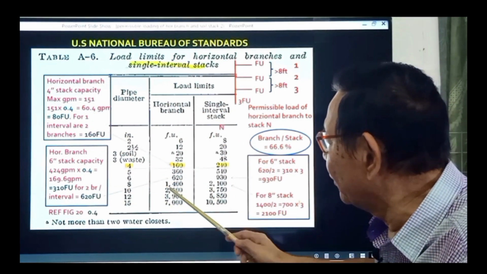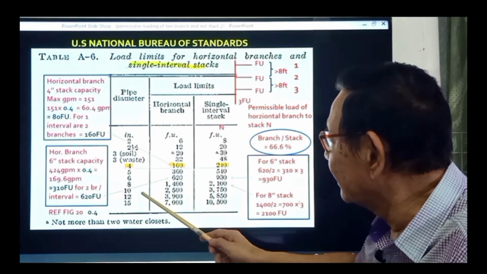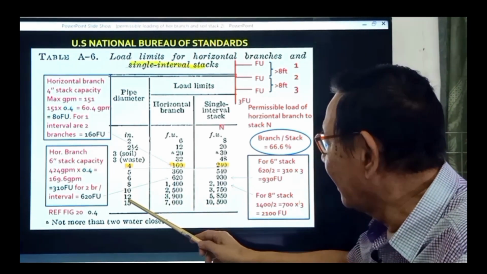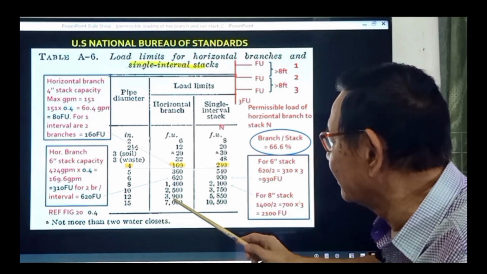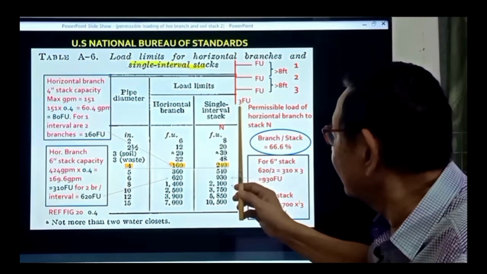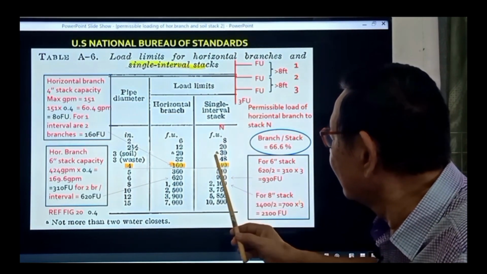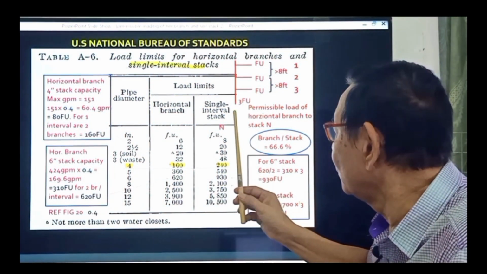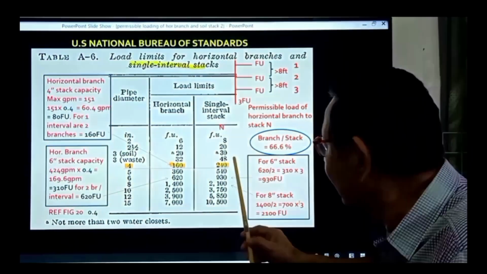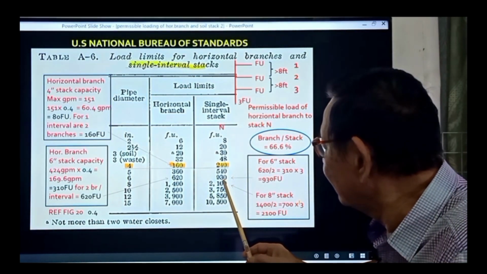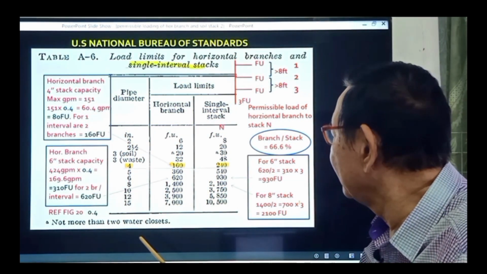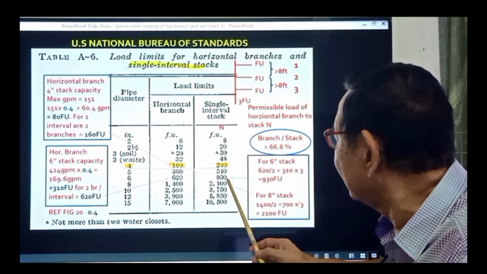Ang 8 inches, 1,400, and 10 inches, 2,500, and 12 inches, 3,900. Ang 15 inches is 7,000. Ang maximum, so for a single interval stack or 2 interval stack, parehas lang naman ito, is 510, 930, 2,100, 3,760, 5,850. So saan galing itong 930?